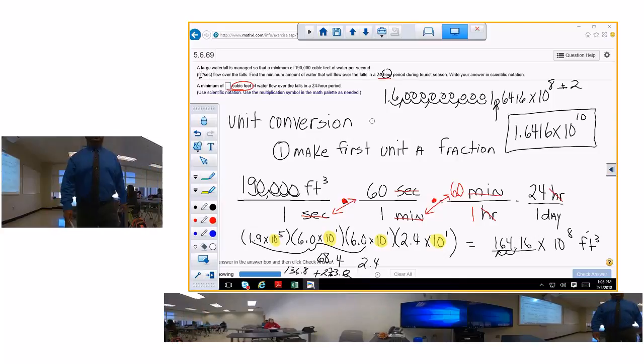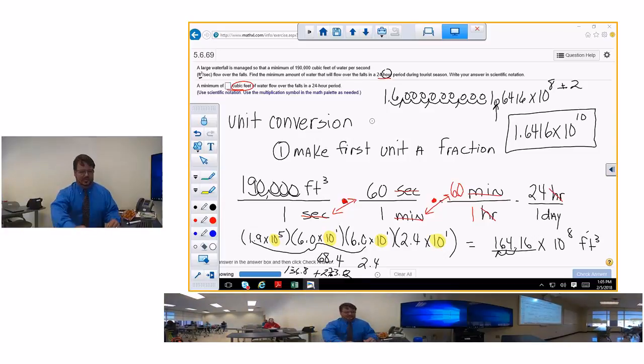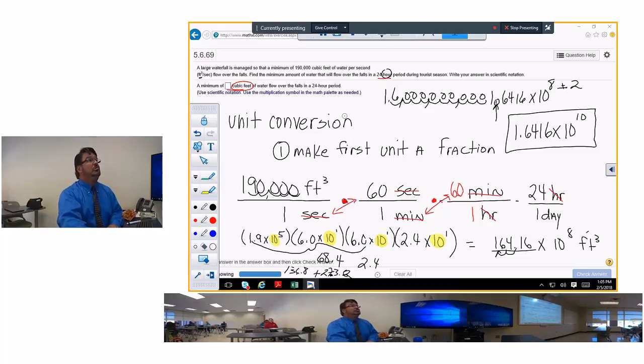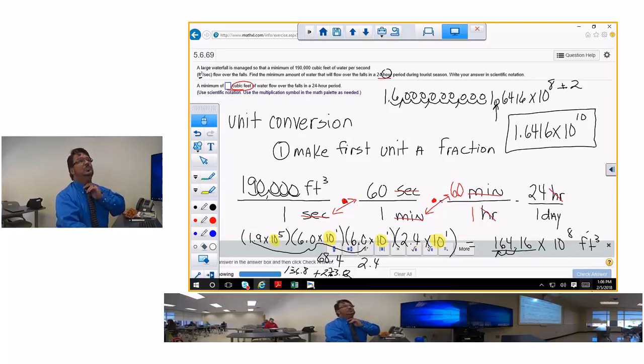Let's type it in and see if I'm crazy. Because I teach y'all that weird way to do scientific notation. Never seen it before, but it works. Does it say round? It doesn't say round, and it has whole numbers, so I'm just going to say 1.64. 1.64, shift multiplication symbol, which is star, 10, shift up.